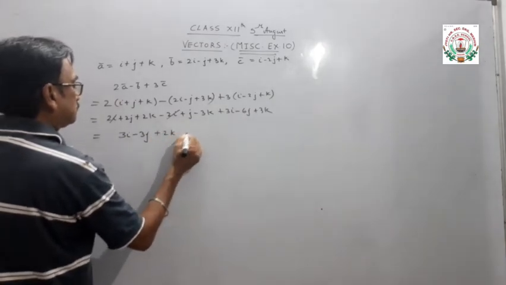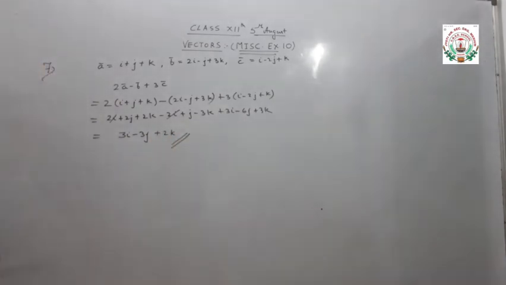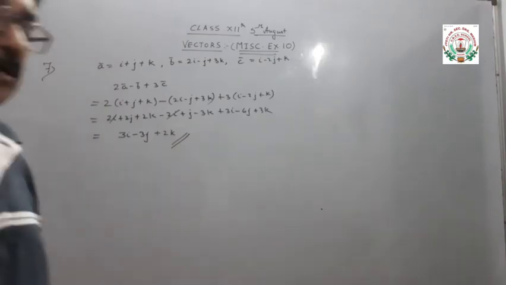So that is the value of 2a vector minus b vector plus 3c vector.